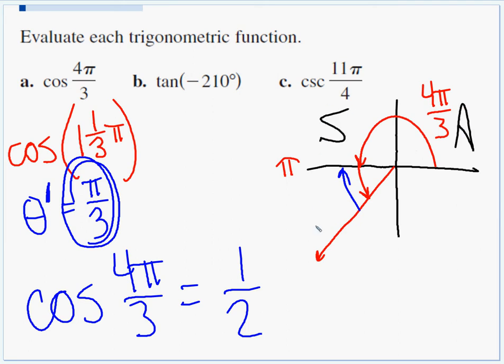All Students Take. So in the quadrant we stopped in, tangent is positive. That means cosine must be negative by default. So we got -1/2 for that value. Again, figure out the reference angle, get the value from the table, and figure out if you're positive or negative by the quadrant.